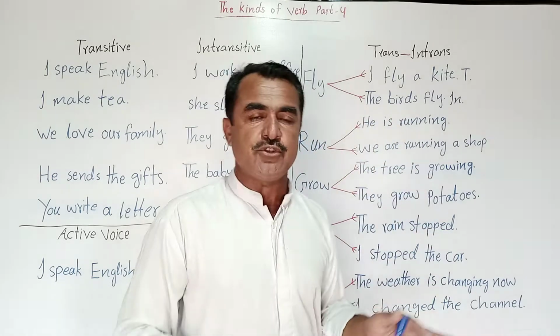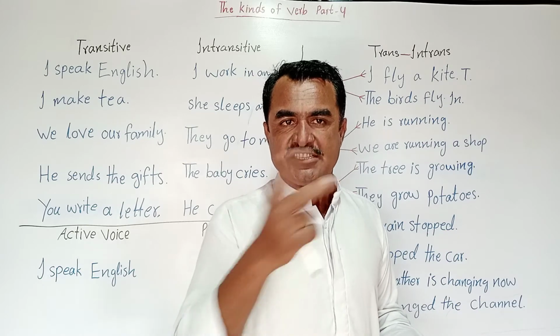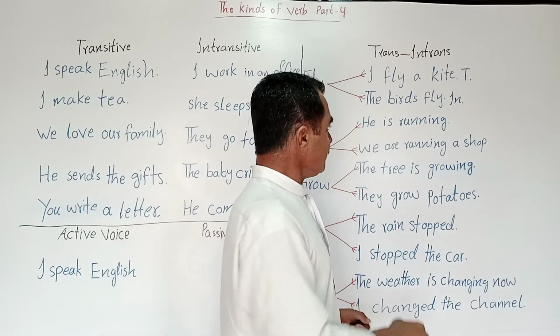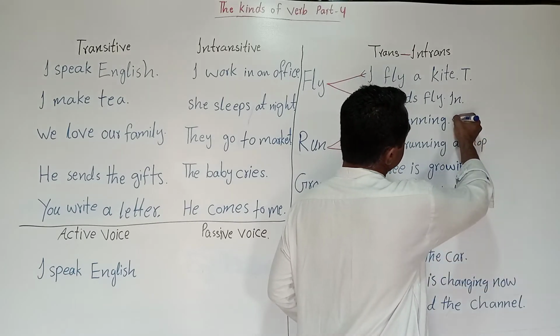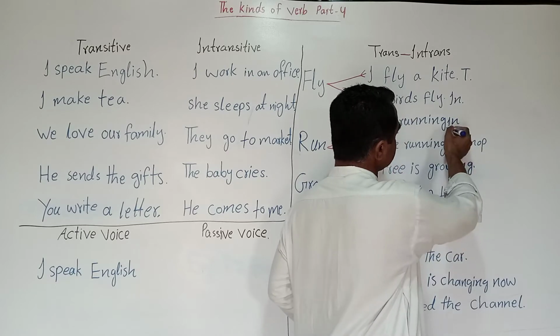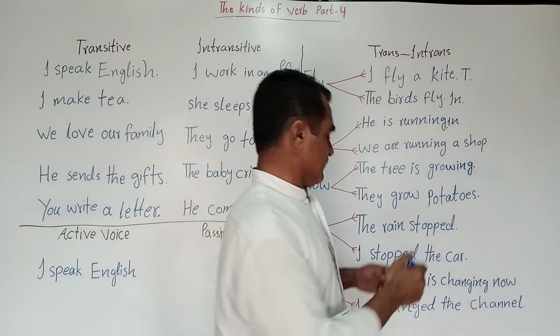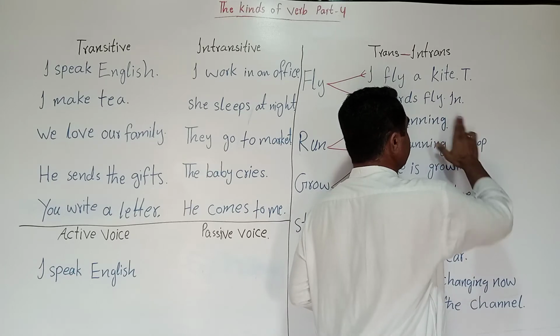I'm sorry, I forgot to tell you that the verb run we can use in both ways, transitively and intransitively. So here it is intransitive. I'm sorry, I should have separated it a little bit so that you understand it very well.